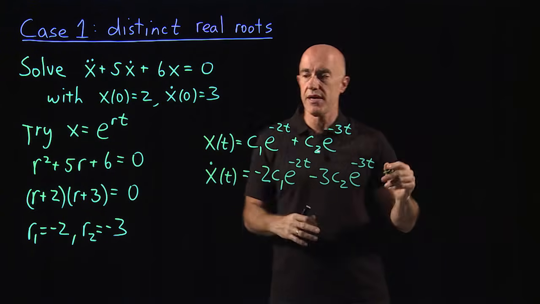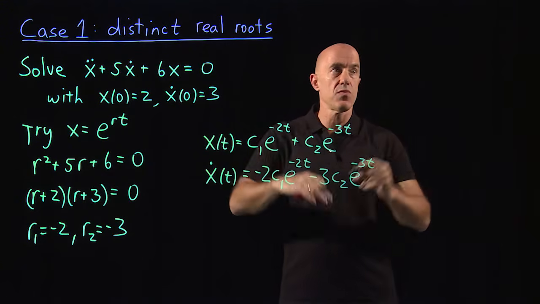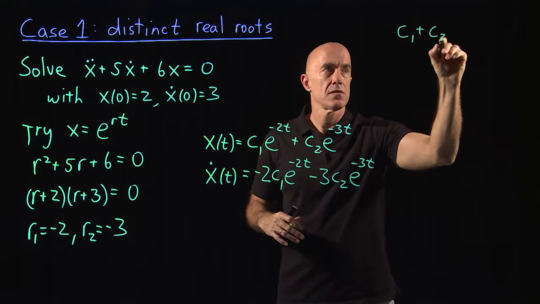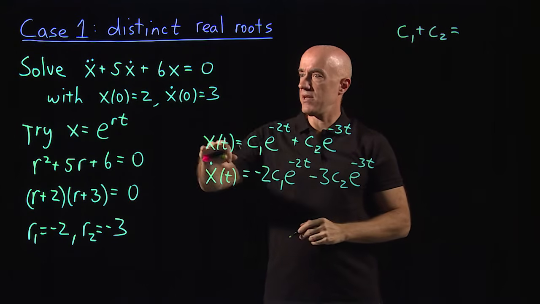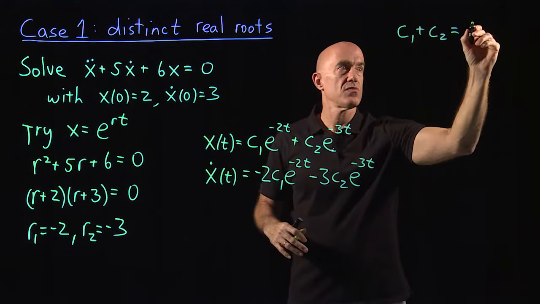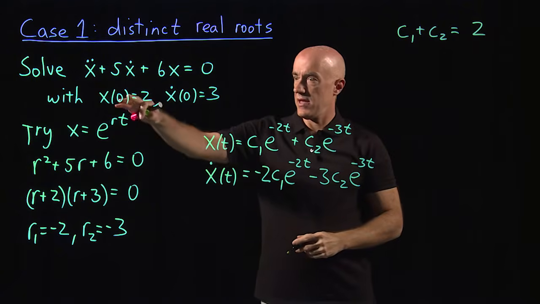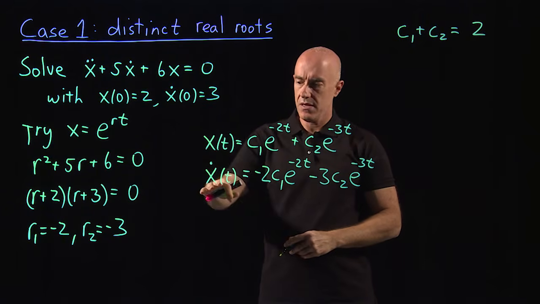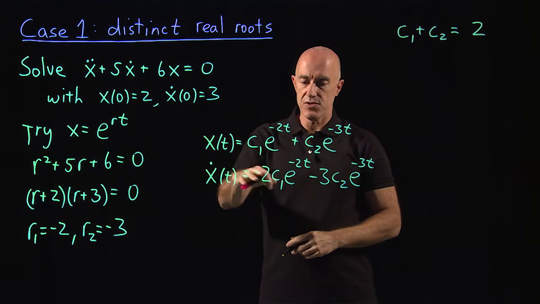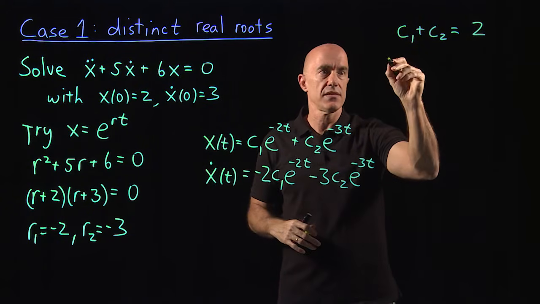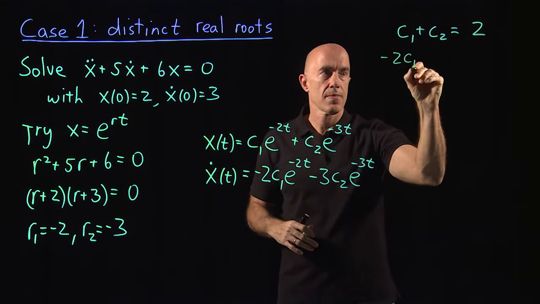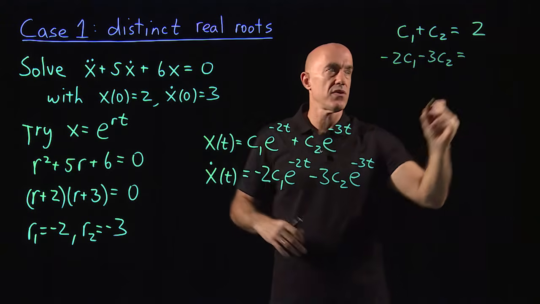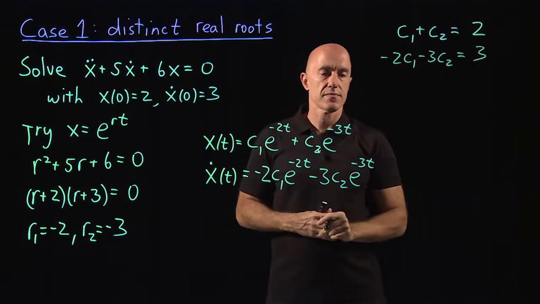The first equation will give us c1 plus c2, and that will be equal to x of 0, which is 2. The second equation, x dot of 0 equals 3, will give us minus 2c1 minus 3c2 equals x dot of 0, which is 3.